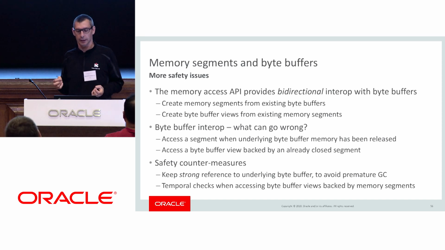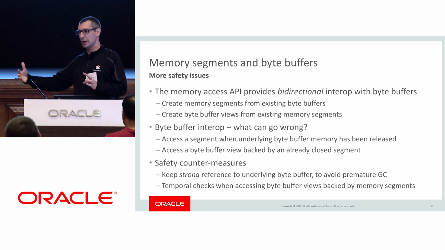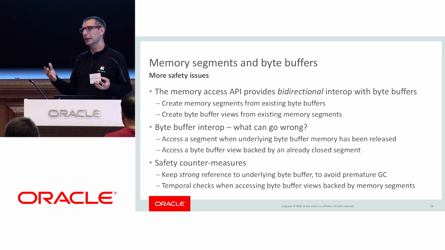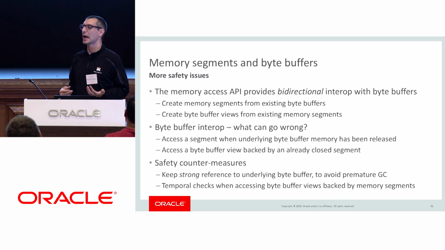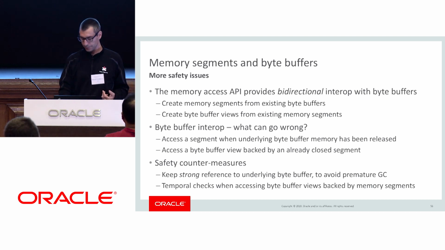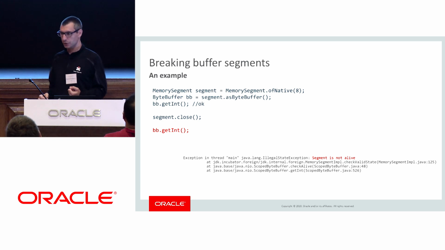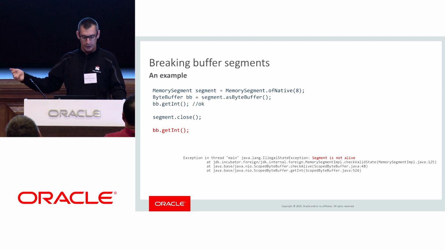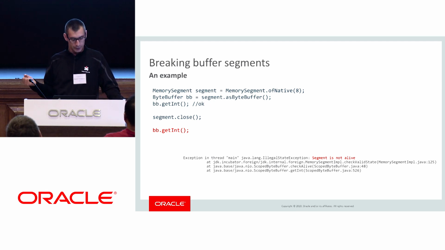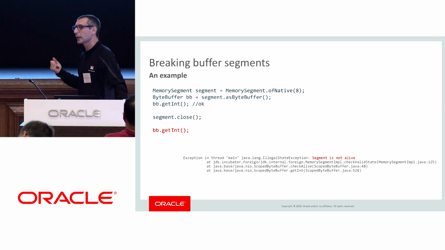And if you do the reverse, so if you create a byte buffer out of a memory segment, it's important that the byte buffer keeps checking on the segment whether access is allowed, because if the memory segment has been closed, the memory may have gone away. This is a little bit harder to enforce, but as we can see in this example, it's something that we currently deal with. So here we create a memory segment of 8 bytes, then we create a byte buffer out of it, then we close the segment, and we call getInt on the byte buffer, and we will get an exception.